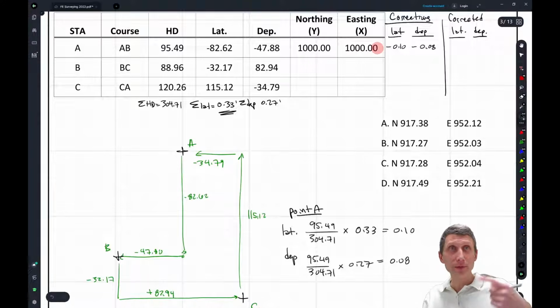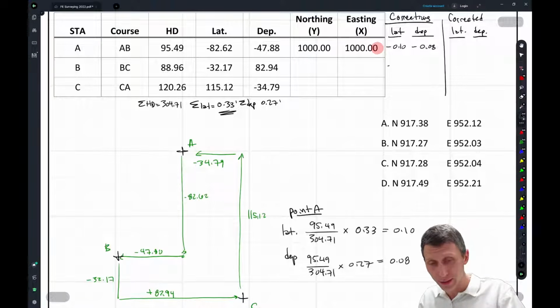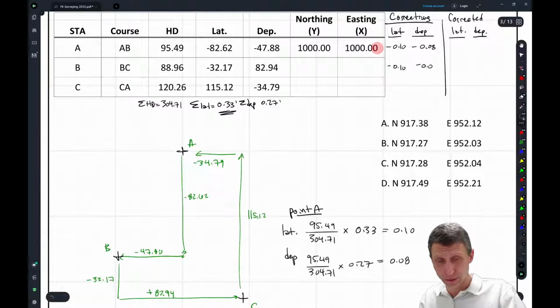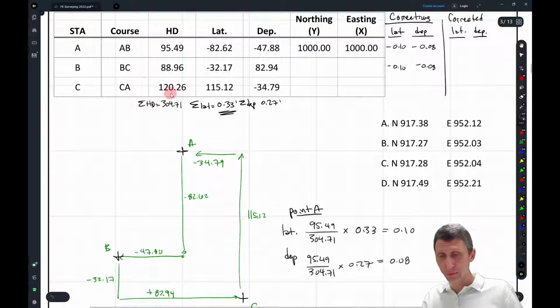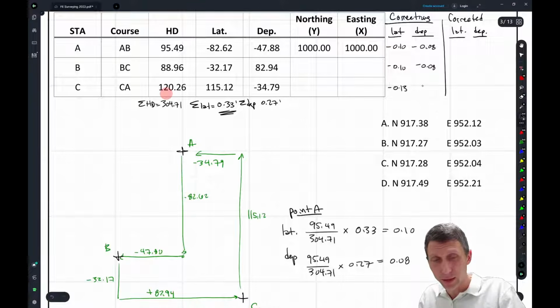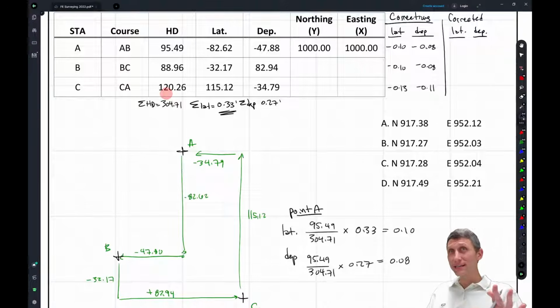If I kept going here, I'd get another minus 0.10 and a minus 0.08 here as well. These distances are pretty close to each other. This distance is a little bit bigger, so we'd expect a little more error to go to that one, and I get minus 0.13 and minus 0.11. Okay, so those are the corrections.